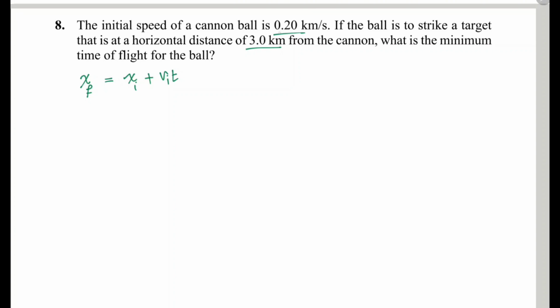So x final is already given, 3 kilometers, so 3000 meters, and x initial, starting from the origin, is 0, plus the velocity of the cannonball, 200 meters per second, times t. You solve this, you will find t equals 15 seconds. So the flight time is actually 15 seconds.